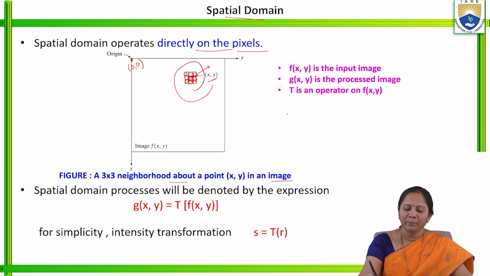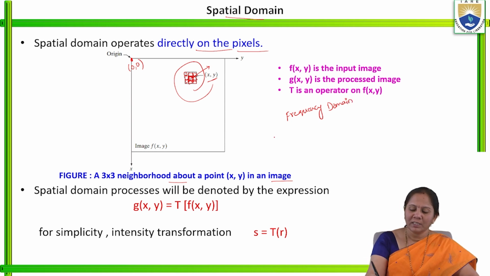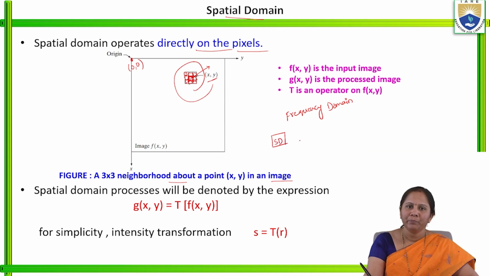Now, how does the frequency domain operate? First, the image is represented in the spatial domain, and that image is converted into the transform domain.